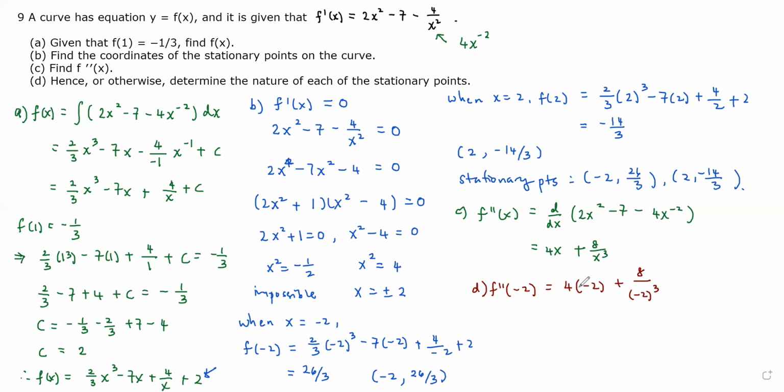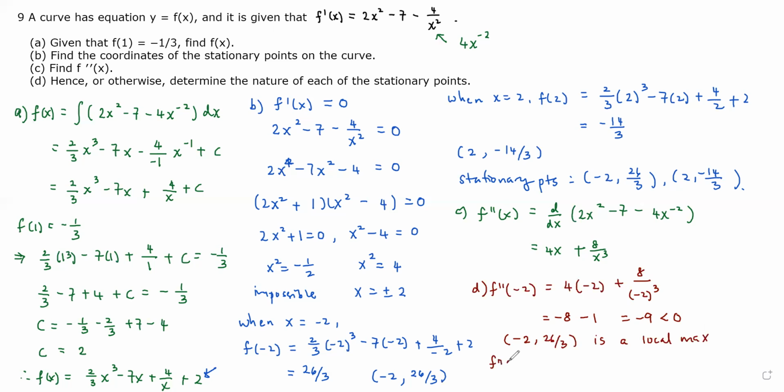So that is negative 8 minus 1. So this is negative 9, which is less than 0. If you have the value of the second order derivative to be negative, then that would give you a local maximum. The stationary point with coordinates negative 2 and 26 over 3, this is a local max.